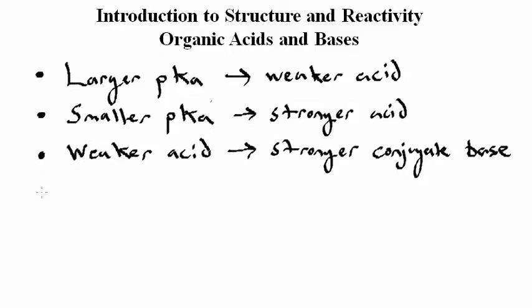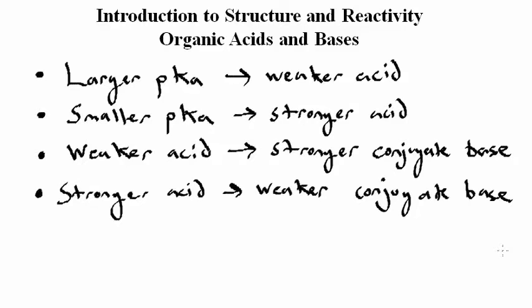Also, the weaker the acid, the stronger its conjugate base. And again, inversely, with the stronger acid, you get a weaker conjugate base. As you look at the information on the table and similar ones in your textbooks, you'll be able to see these relationships fleshed out.